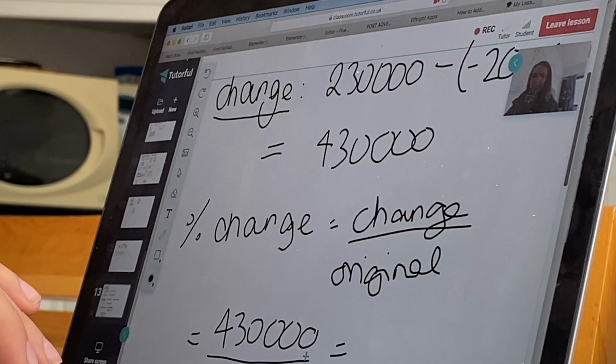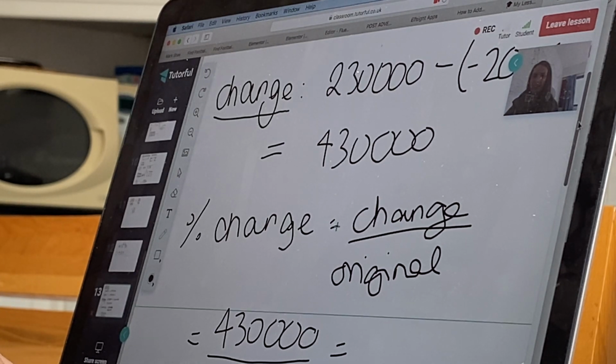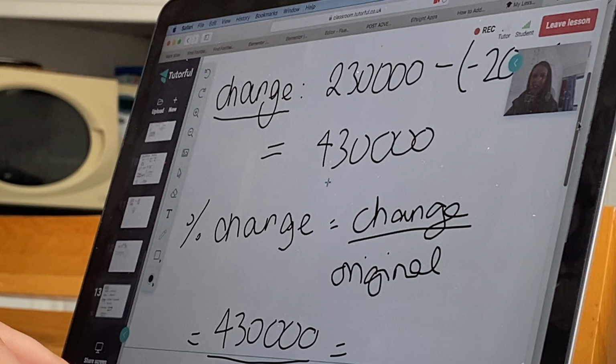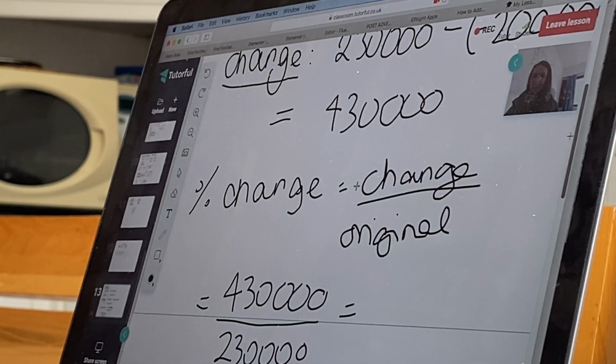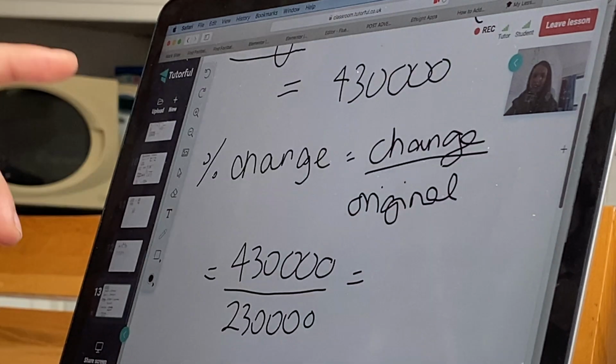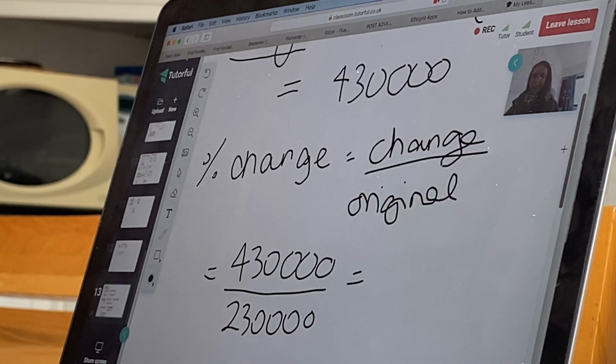Not quite. We should have a larger than 100% change. So the change, did you get the same value for the change? Wait, is it 130? No. So it's going to be 190%, so minus 190%. Let's see why that is.